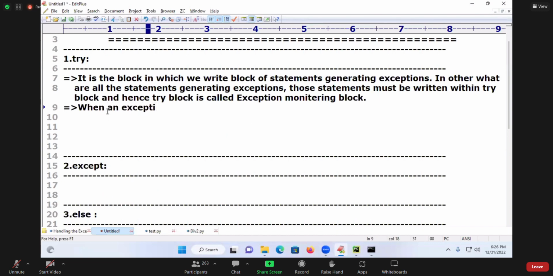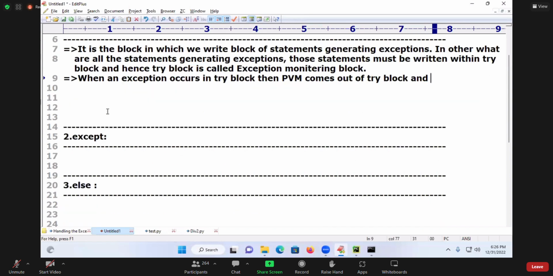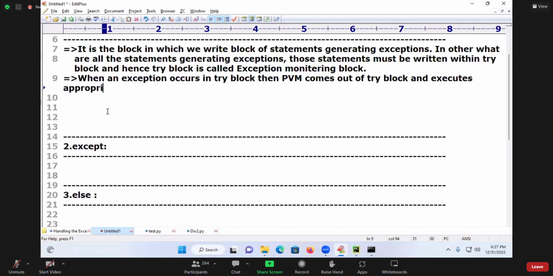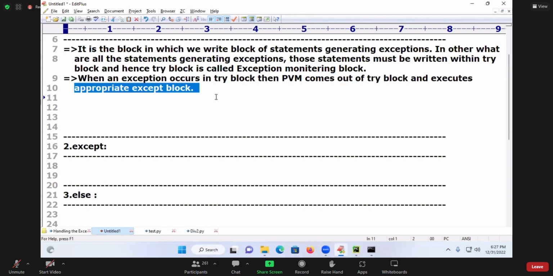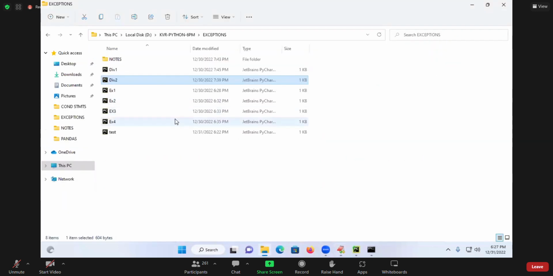So when an exception occurs in the try block, then PVM comes out of the try block and executes the appropriate except block.